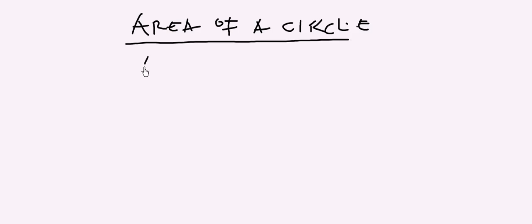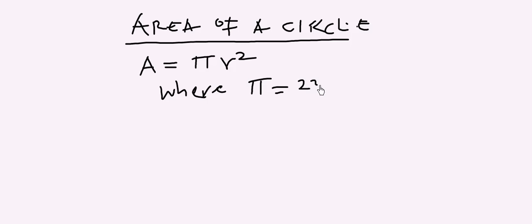Area of a circle A is given as pi r square, where pi is equal to 22 over 7 and r is the radius of the circle.